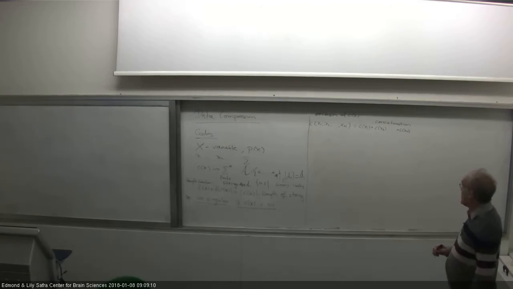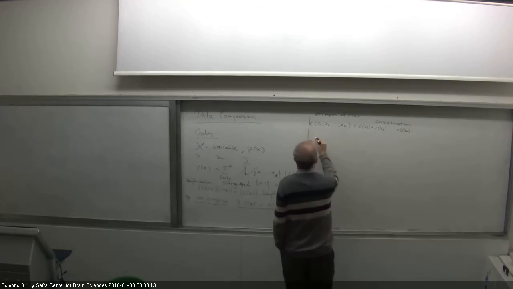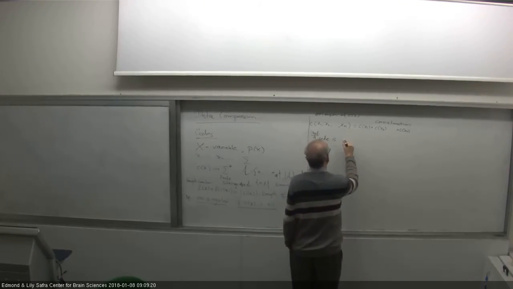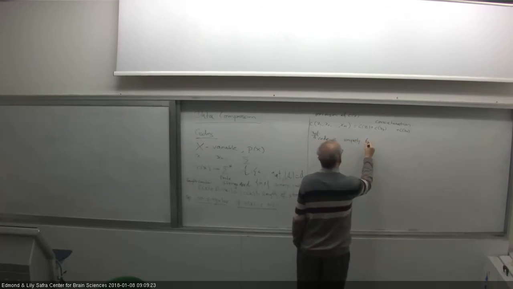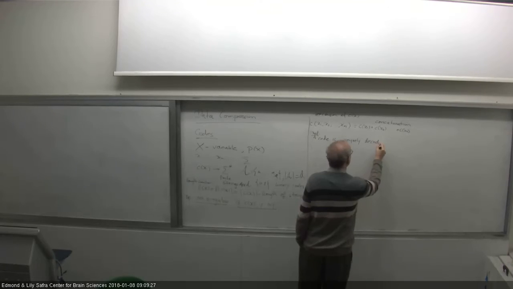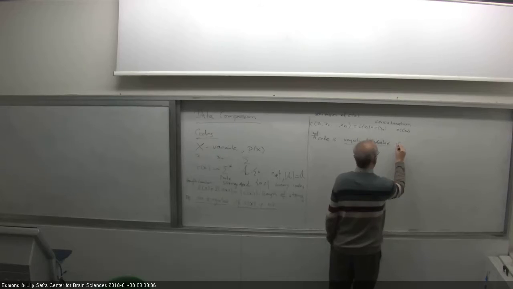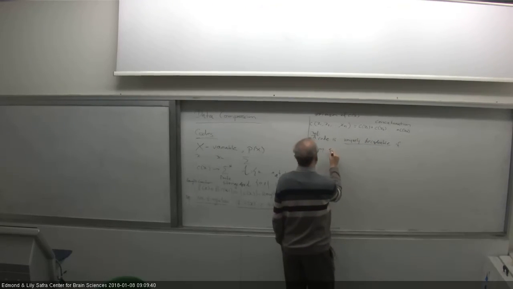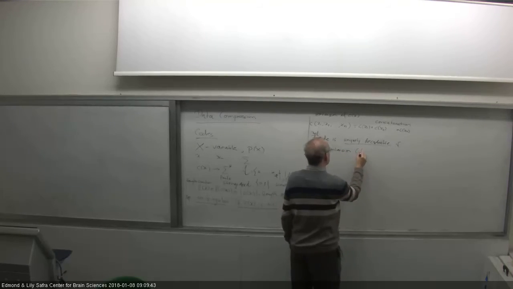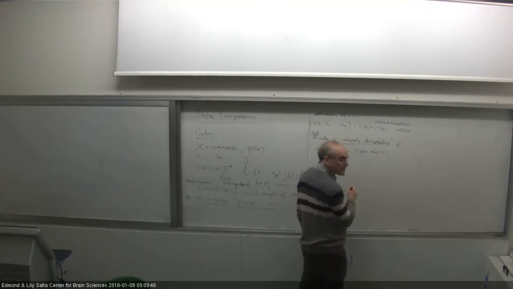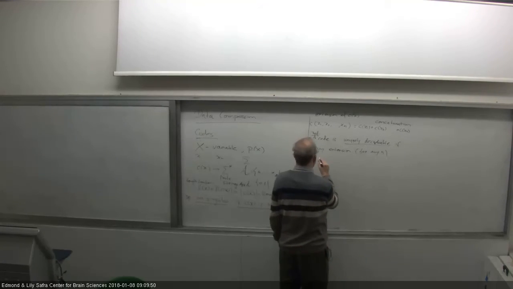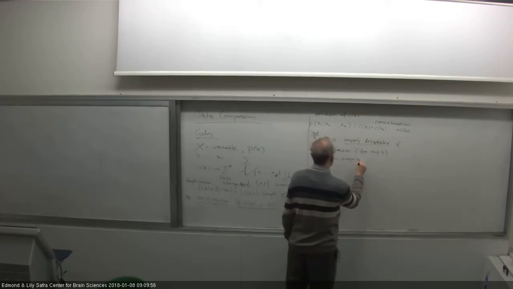And then we said that a code is uniquely decodable if any extension, for any length n, is also non-singular.